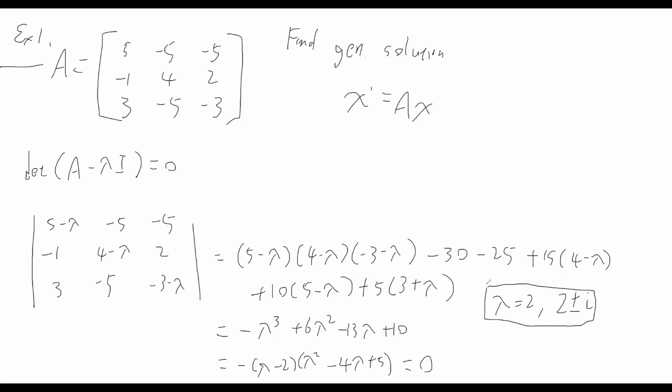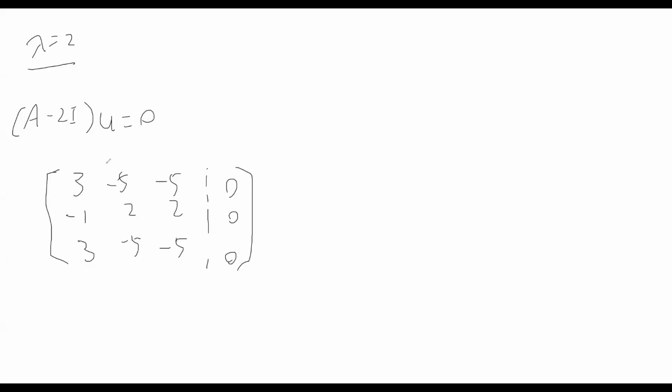Right, and let's move on to find eigenvectors. All right, so first we start with lambda equal to 2. We are going to look at A minus 2I. All right, so A minus 2I times this eigenvector will give us 0, right? And then this is what we have here.